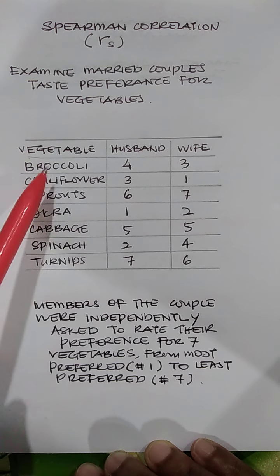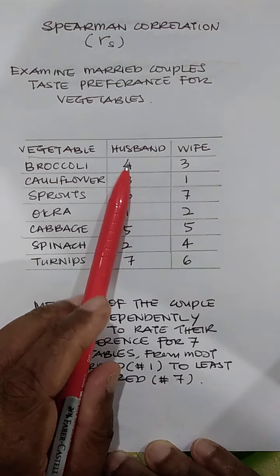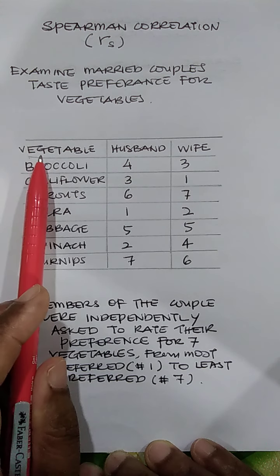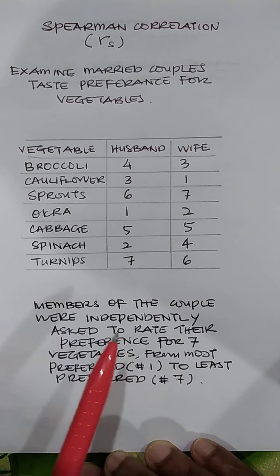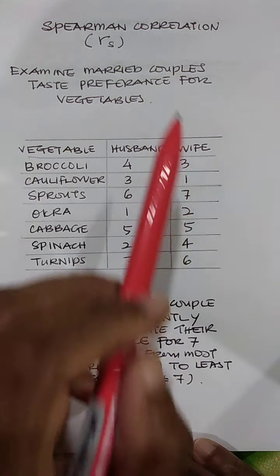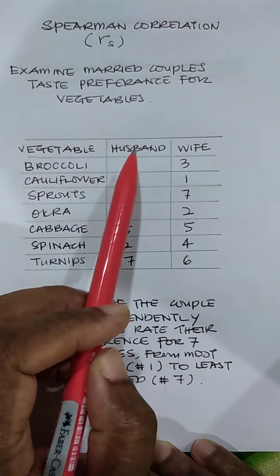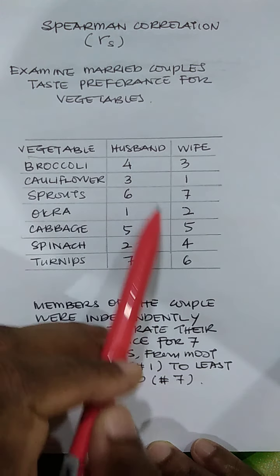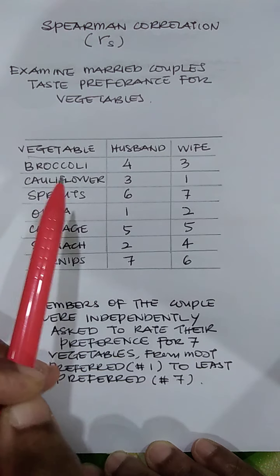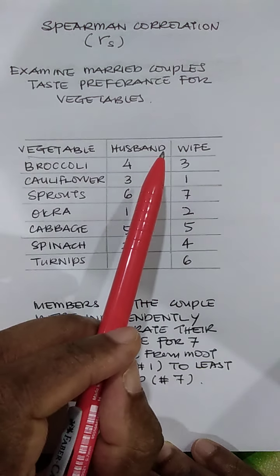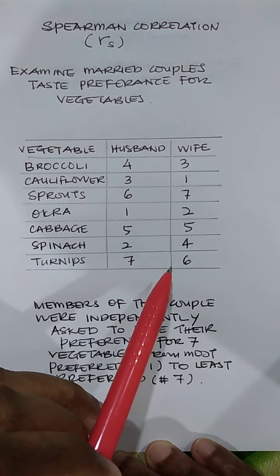So these are 7 different vegetables, and independently he asked the husband to list out his most favorite vegetable to the least favorite. The same thing goes with the wife. They were separated, and the wives were given the same list of vegetables and asked to order it from the most preferred to the least preferred.